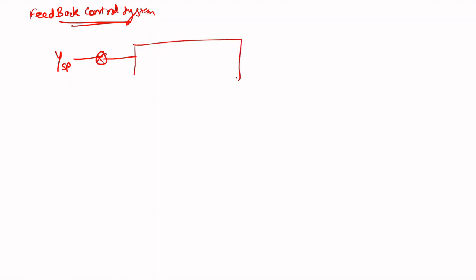So let's first draw this closed loop feedback control system. The set point of the system will be YSP. Then we have been provided a PI controller, so we can write the transfer function of the PI controller as Gc is equal to Kc times 1 plus 1 upon tau I into S, and tau I we have been given as 0.1 minute.